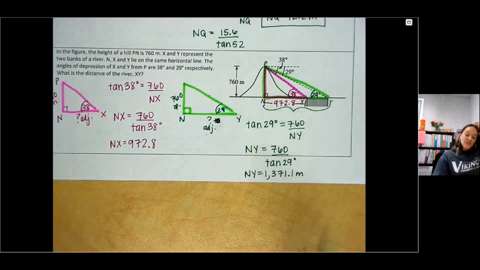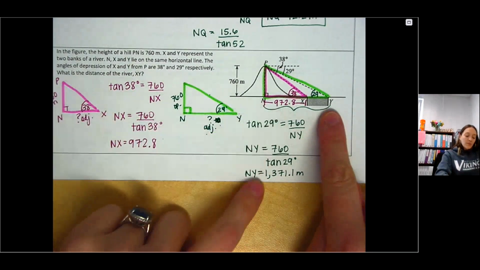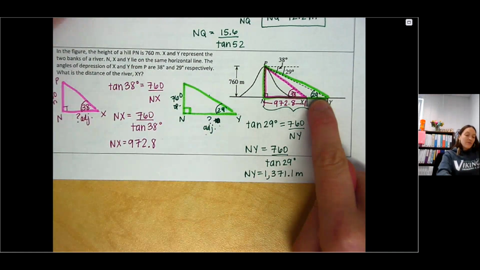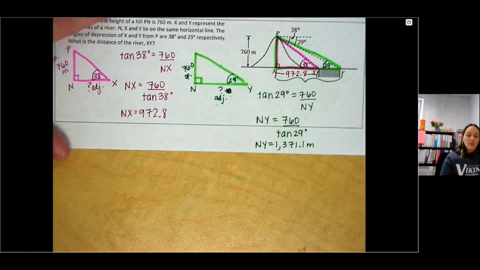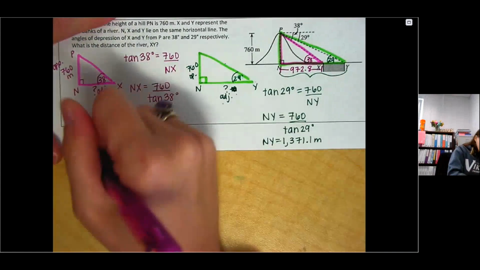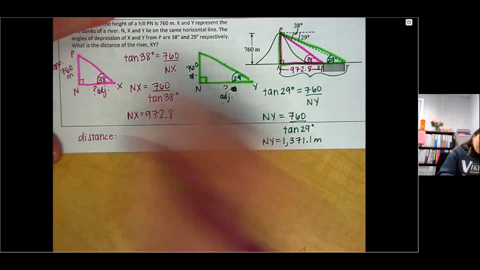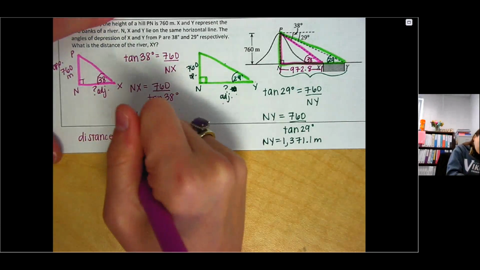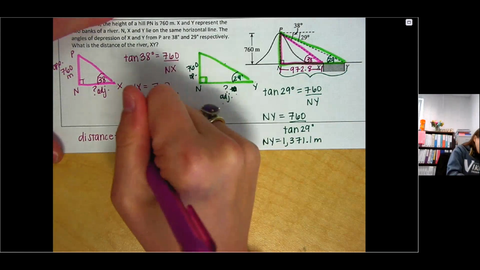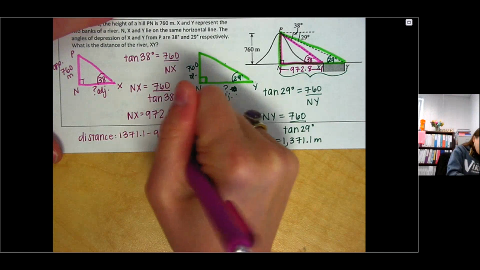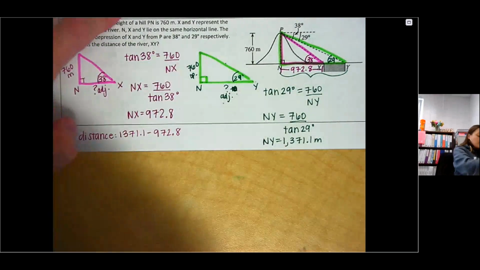So to find that final distance between the two, I'm going to take my larger one, the green one, and subtract the pink piece, and that's going to leave me with whatever's left over here to be my river. So my total distance is going to be 1,371.1 minus 972.8.